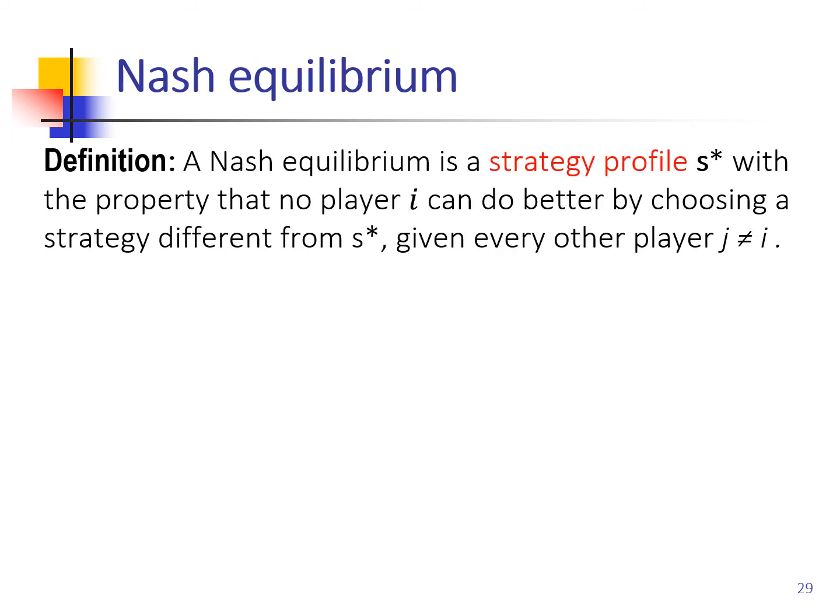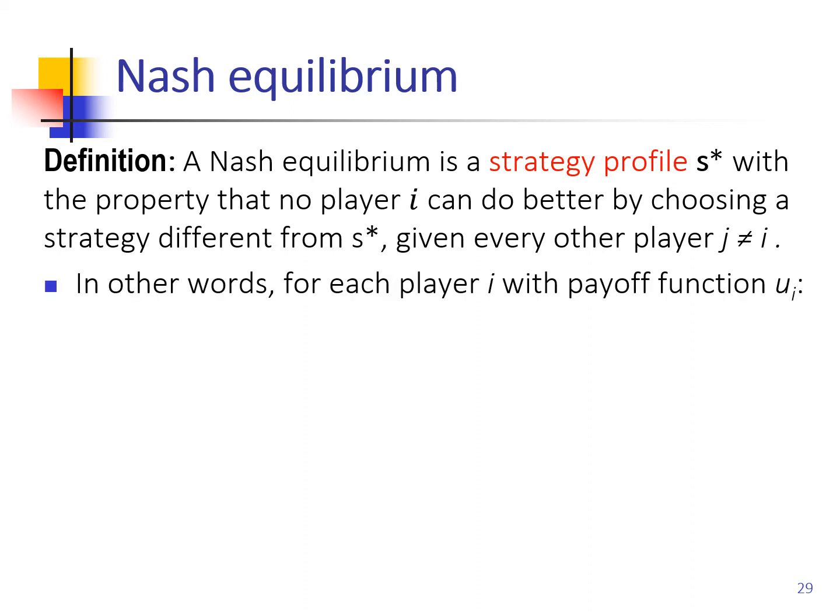So what is a Nash equilibrium? A Nash equilibrium is a strategy profile S star with the property that no player i can do better by choosing a strategy different from the optimal one, given every other player j different than i. This is in words.